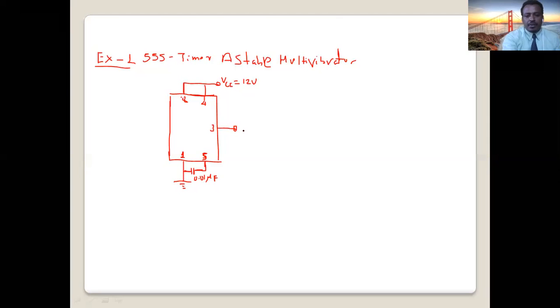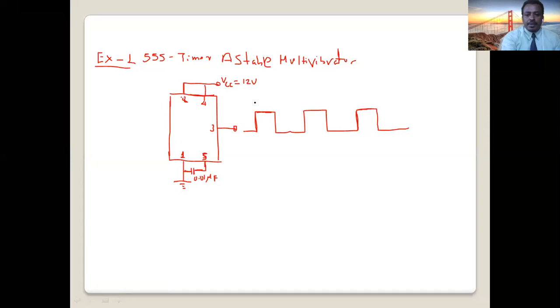So in astable multivibrator, the output turns on, means high voltage, and off, on, off, and so on. Okay, are we applying external trigger or threshold? No. By itself, the circuit turns on or off.